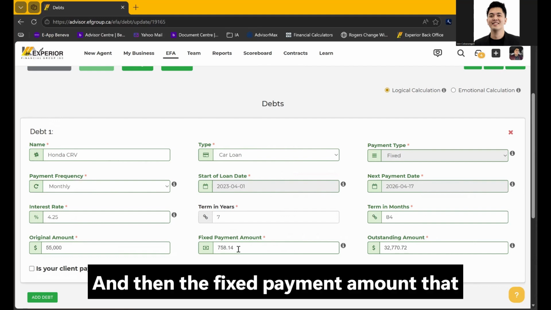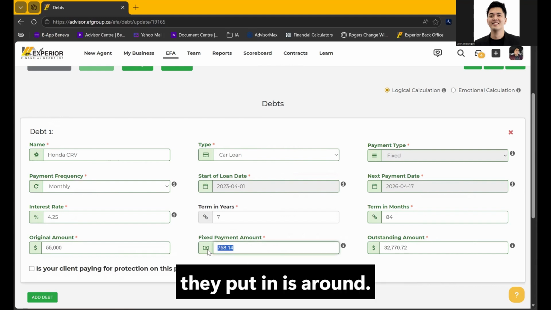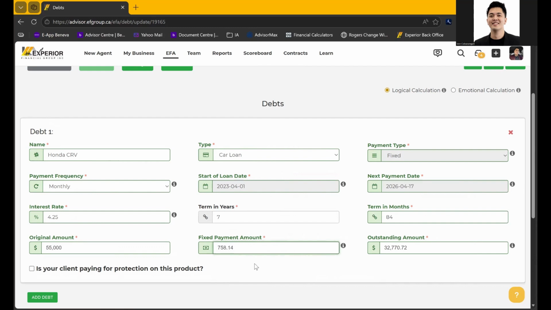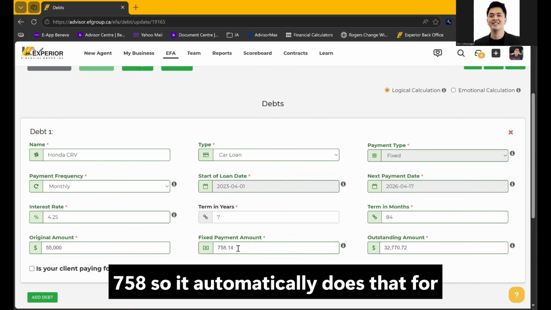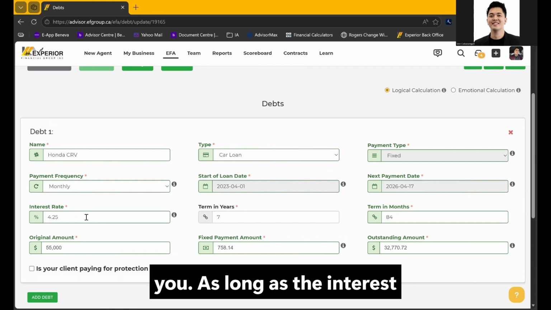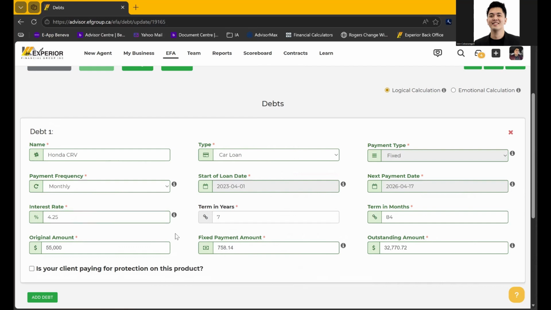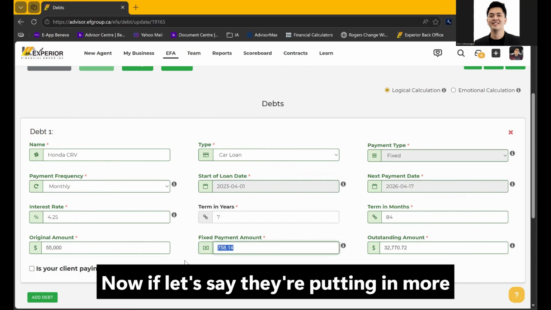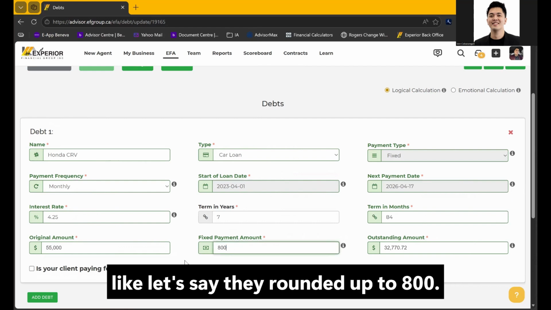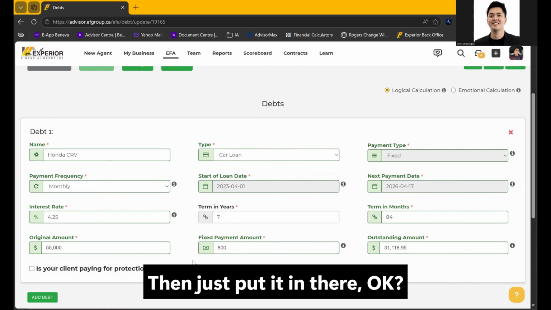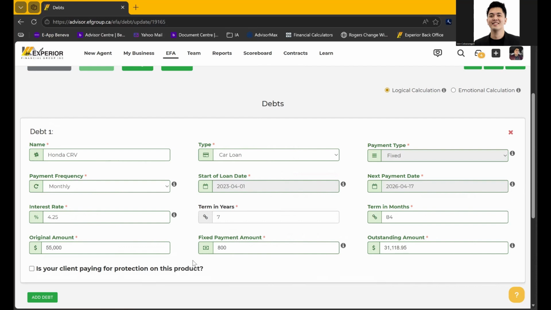And then the fixed payment amount that they put in is around 758. So it automatically does that for you as long as the interest rate is accurate. Okay. Now, if let's say they're putting in more, like let's say they round it up to 800, then just put it in there. Okay.